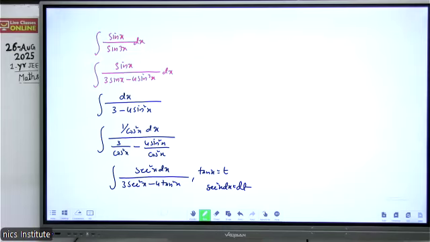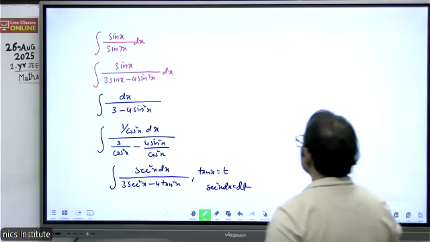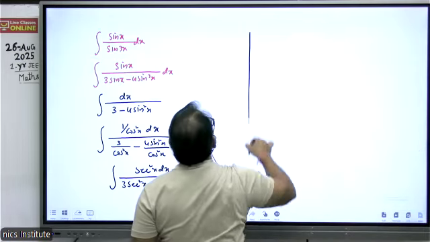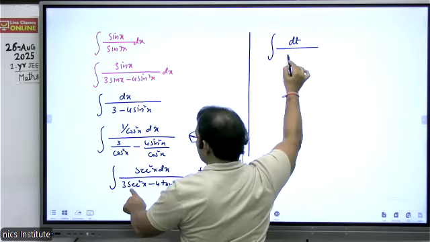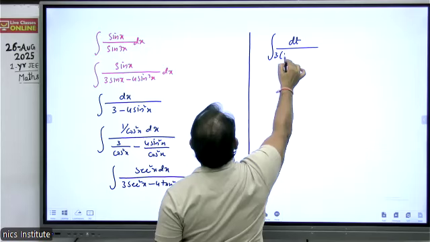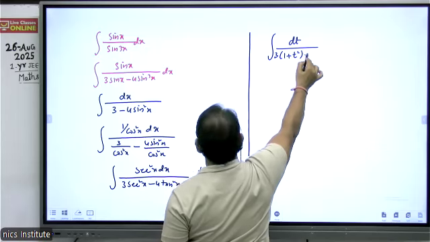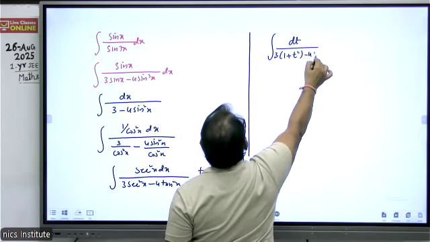In the denominator you have sec square x, you can write it as 1 plus tan square x. So numerator is now dt. Sec square x becomes 1 plus tan square x, so 3 plus 3t square minus 4t square.